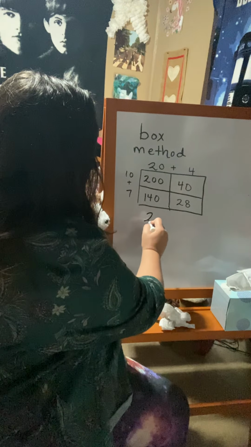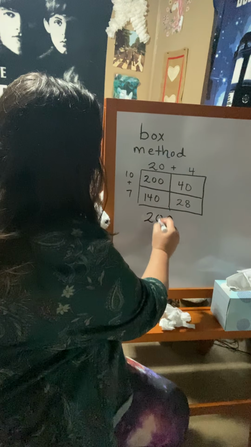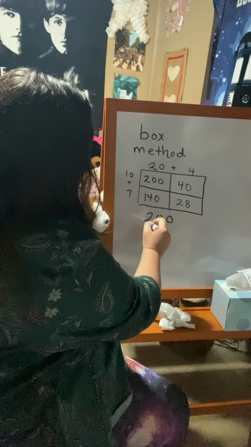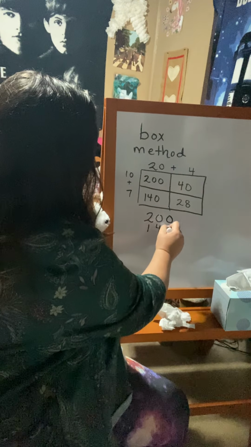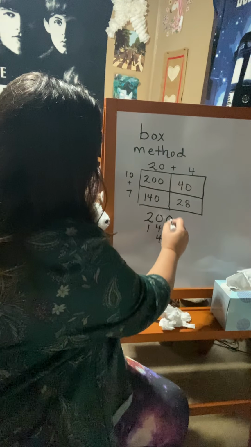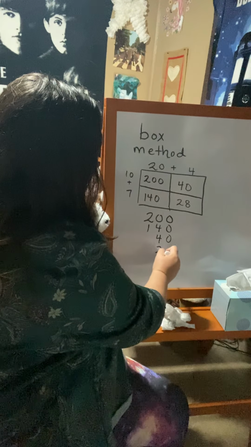So this is going to be 200 plus 40. I like to order them from greatest to least. So 200 plus 140 plus 40. Make sure your columns are correct. Plus 28.